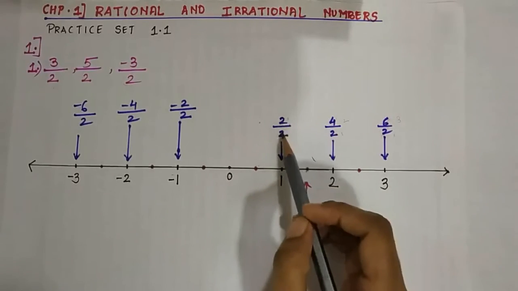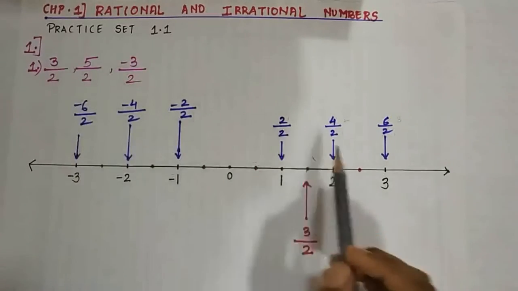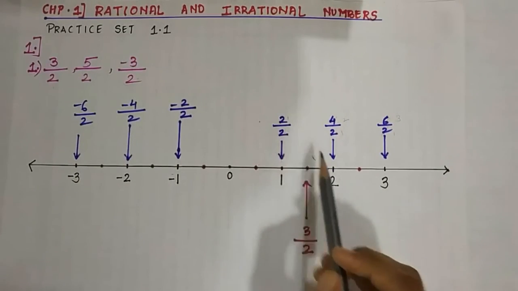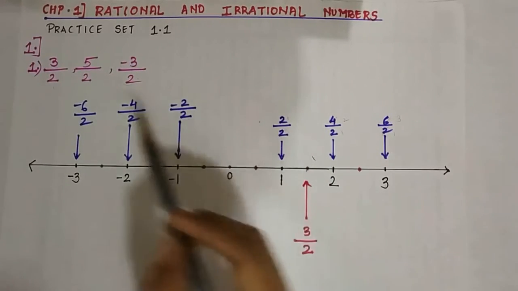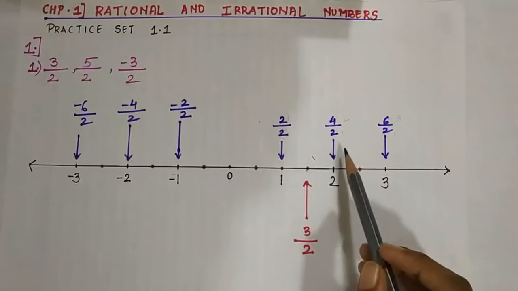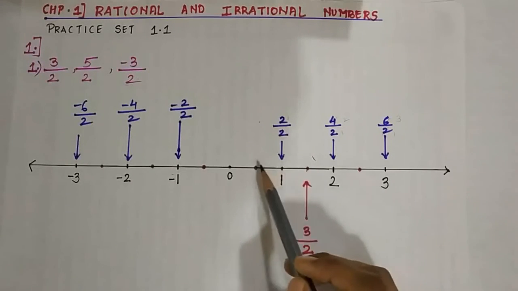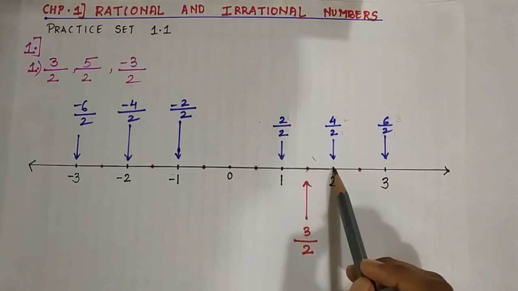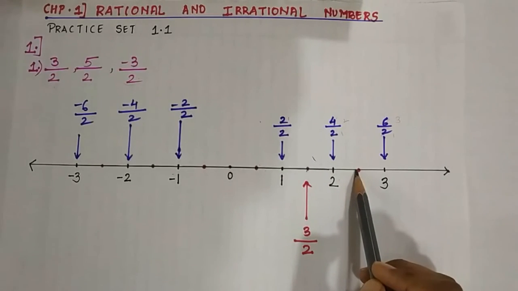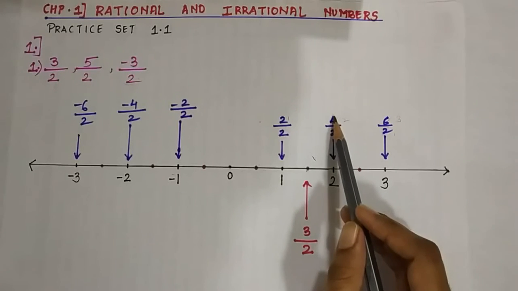So after 2 upon 2, if they give you the number 3 upon 2, which number comes after 2 upon 2? 3 upon 2. So this point will be 3 upon 2. Next number is 5 upon 2. Either you can count it like 1, 2, 3, 4 and 5, or you can see here 4 upon 2, right?